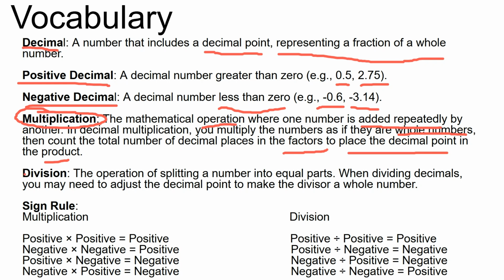And then we have division. When we say division, we are splitting a number into equal parts. Now, when we are dividing decimals, you may need to adjust the decimal point to make the divisor a whole number.